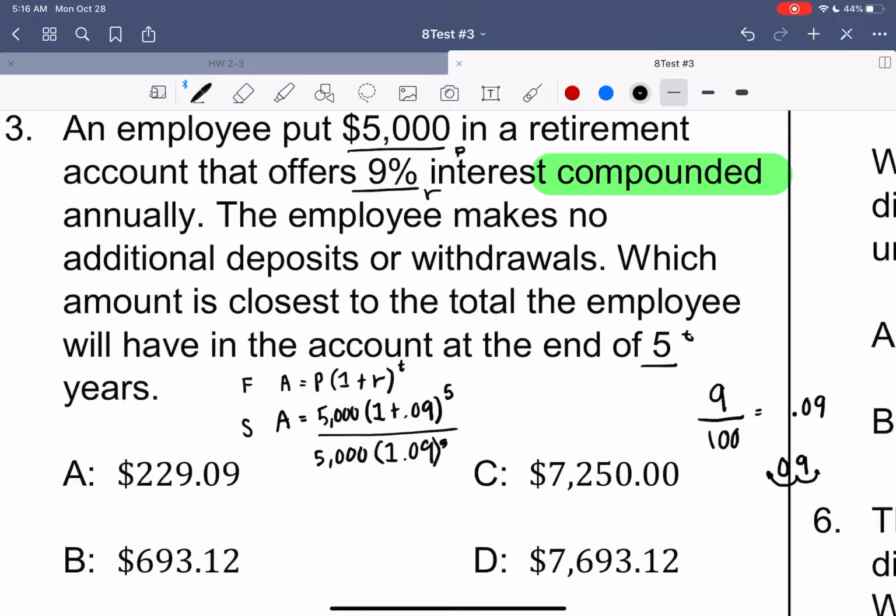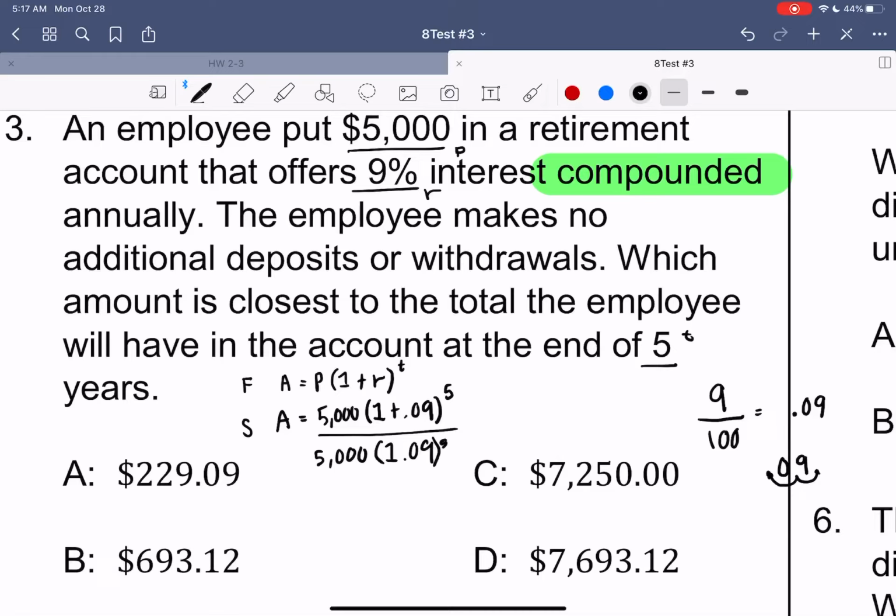1.09 times 1.09 times 1.09 times 1.09 times 1.09. And then I'm going to take this number and multiply it by 5,000.